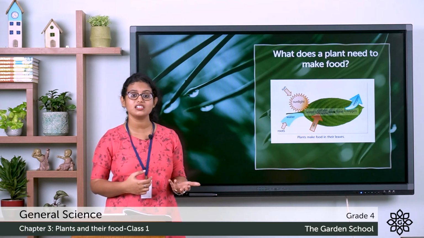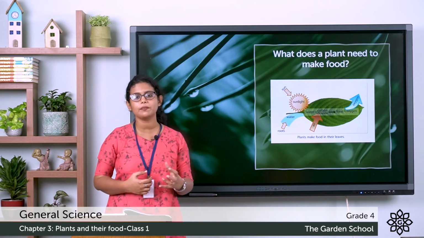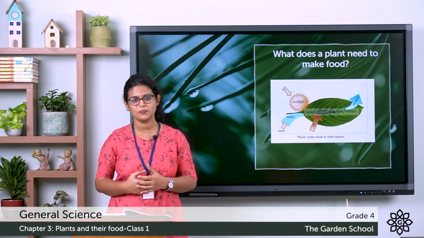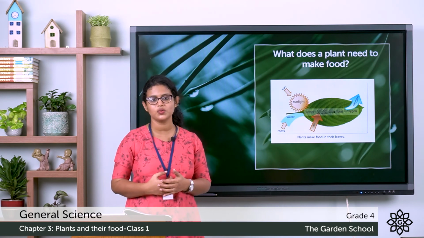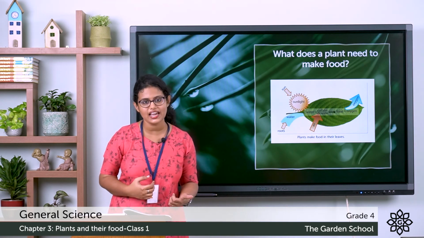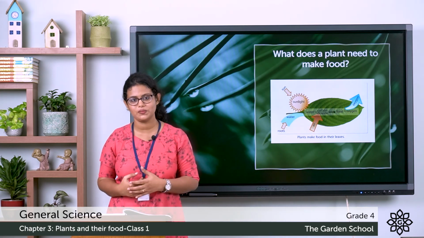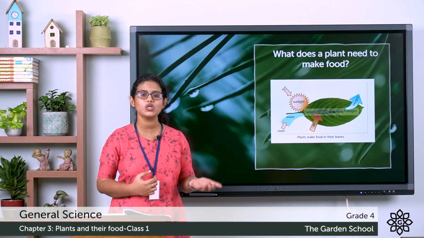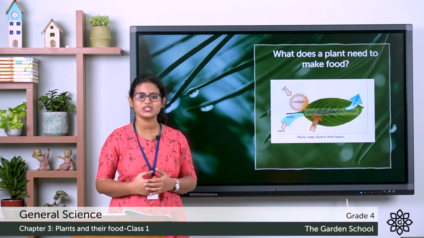Then we learnt what makes a leaf green. That is because of the pigment called chlorophyll. Then we learned what a plant needs to make food. It needs air, water, sunlight and chlorophyll. And that process of making food, what do we call it? Photosynthesis.